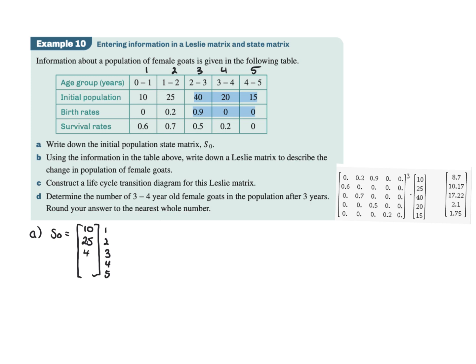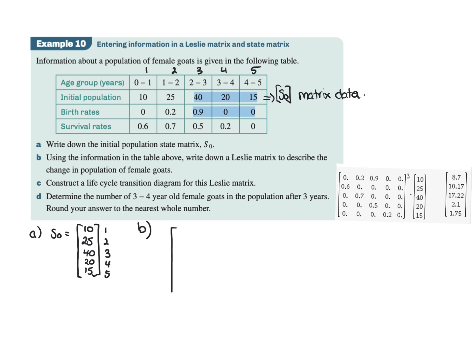Can you see I'm reading off that first row there? So this is the S0 matrix data. Okay? All right. B, it says, using this information, write down a Leslie matrix to describe the female goat population.